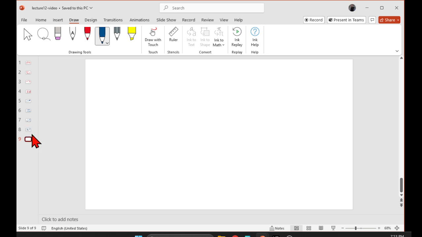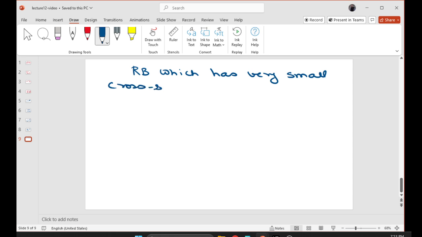Yet another simple case is that of a rigid body RB which has very small cross section area, like a thin wire. Consider this thin wire.